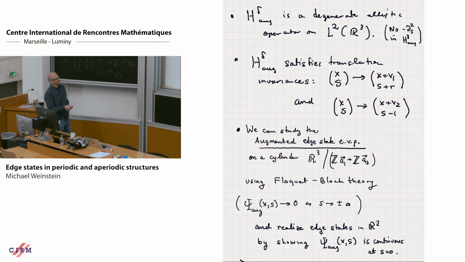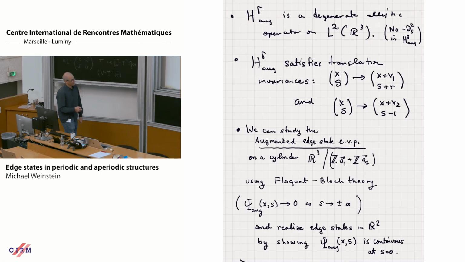We study the augmented eigenvalue problem. We talk about augmented edge states, which have two-dimensional actual periodicity, and then a decay condition away from some plane in some virtual third dimension.